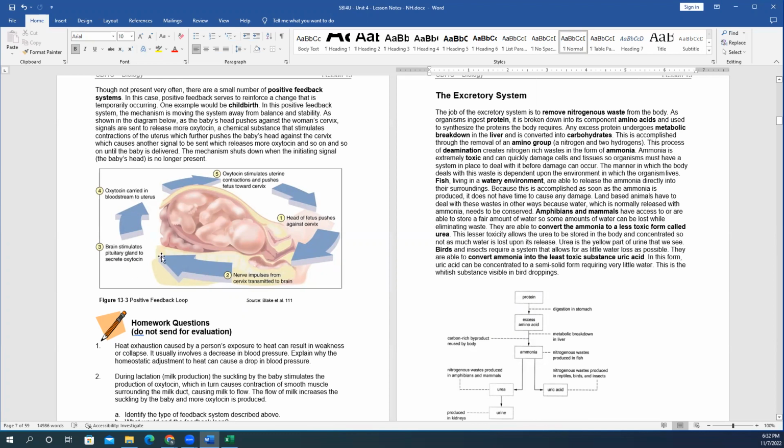And the brain stimulates the pituitary gland to start secreting the hormone oxytocin. And as oxytocin is released into the bloodstream, it goes on to the uterus, where it stimulates the contraction of the uterine muscles to push the fetus even more towards the cervix. So in this case, this is an example of a positive feedback.